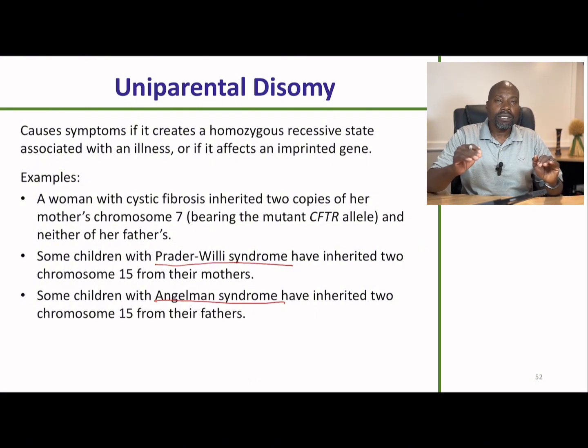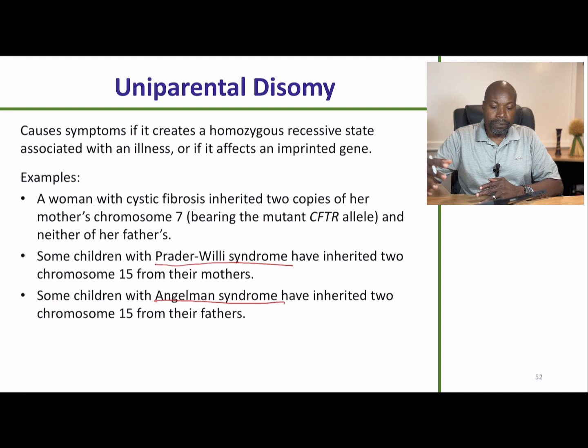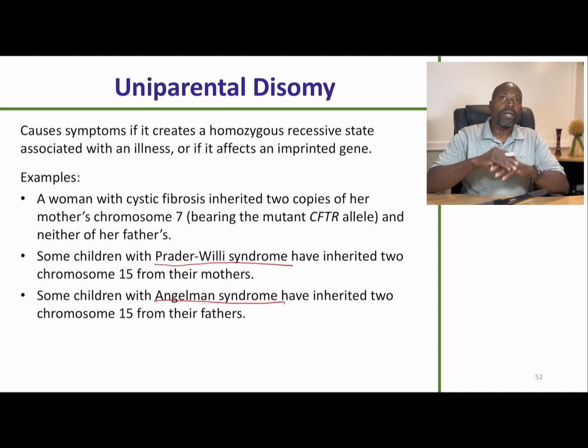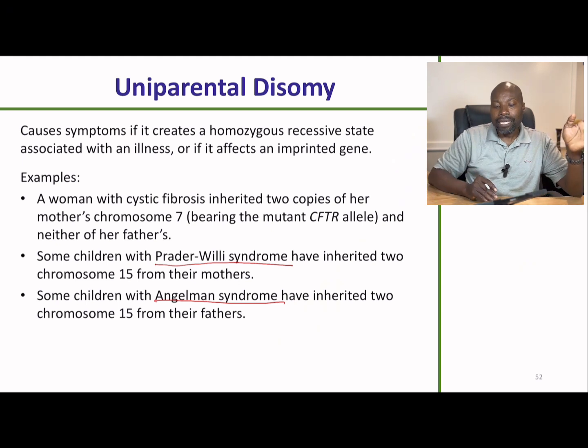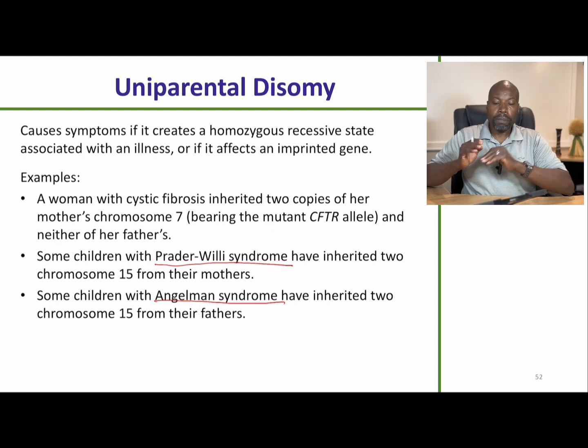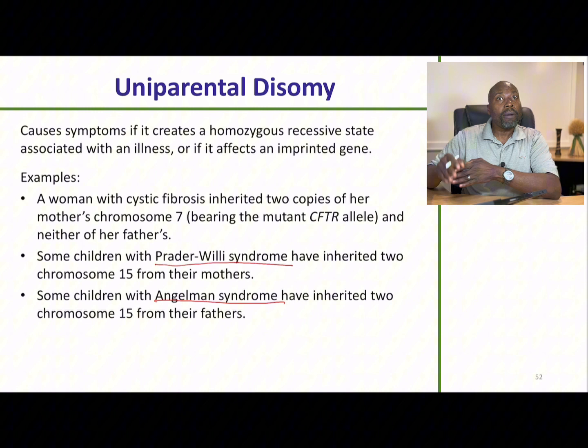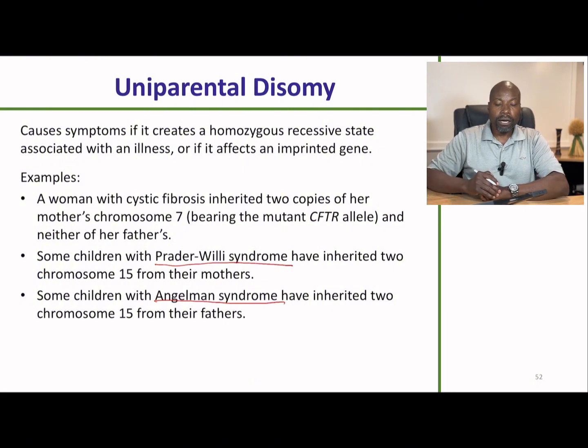Same deletion, but this time it's going to come from mom, right? So the same deletion coming from dad is going to cause the Prader-Willi syndrome. Coming from mom is going to be called the Angelman syndrome, right?